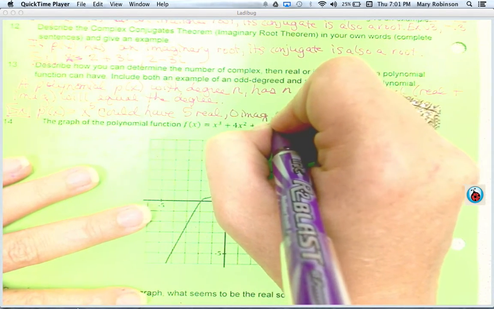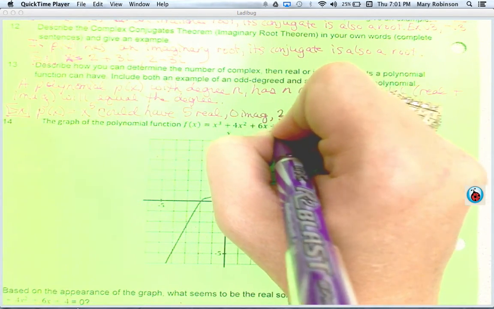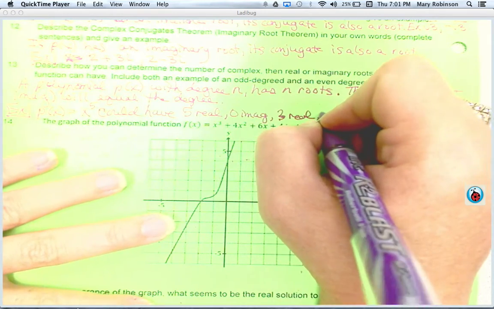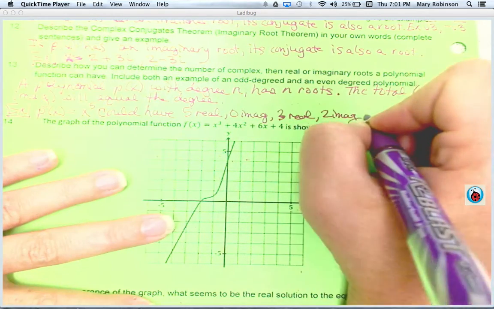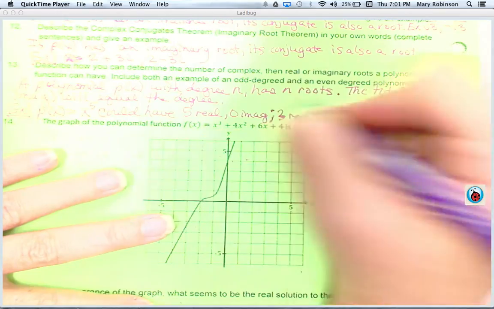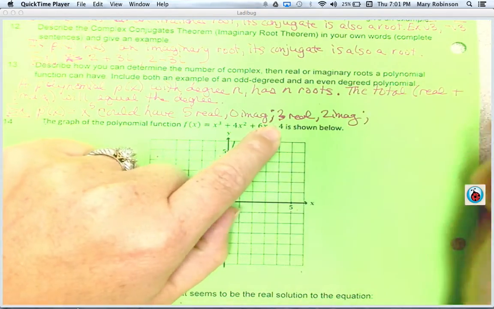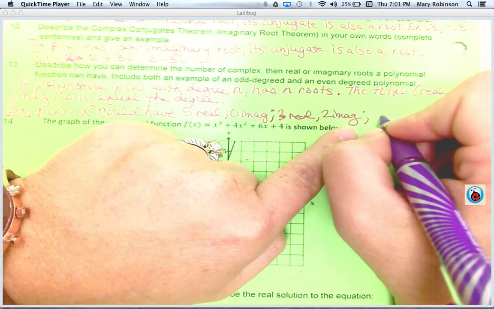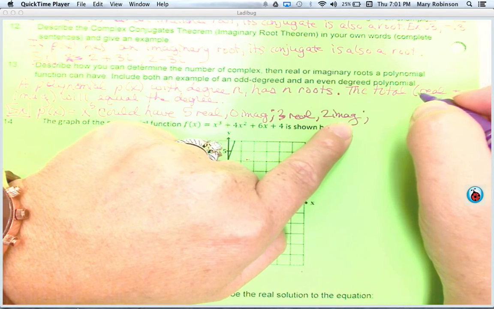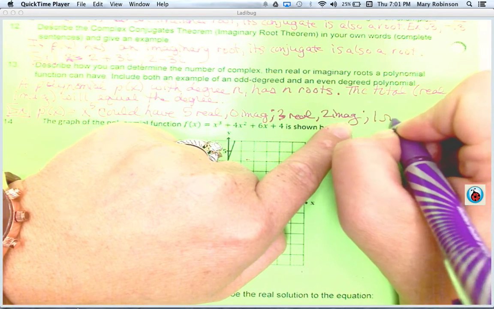It could have 2 imaginary and 3 real. And actually separate these with colons if you don't mind. 5 real, 0 imaginary: 3 real with 2 imaginary. If it has 4 imaginary, you would only have 1 real.